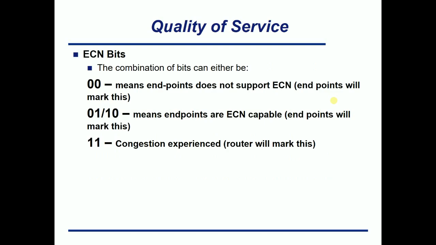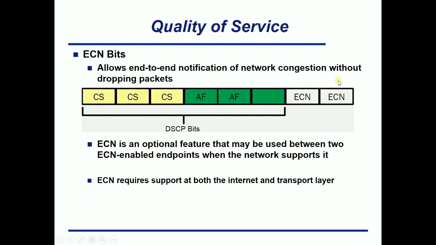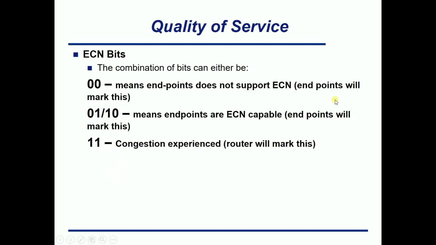If the ECN bits are set to 00, okay, remember the ToS byte right here? If these bits are set to 00, then that means that the endpoints do not support ECN. The endpoints are the ones who actually mark that. If we have a 1 in there on either side, like 01 or 10, that means the endpoints are ECN capable.